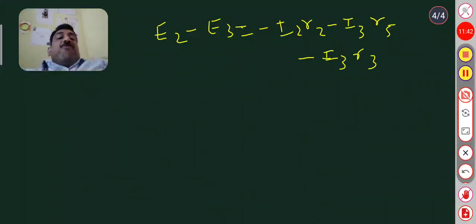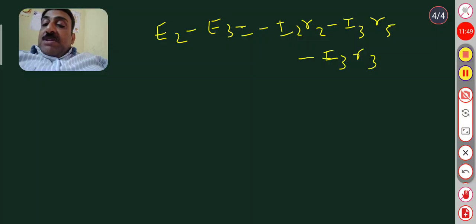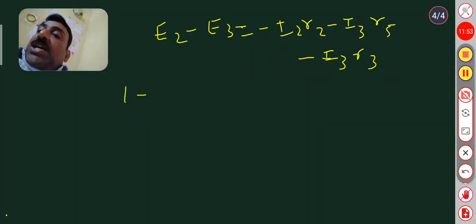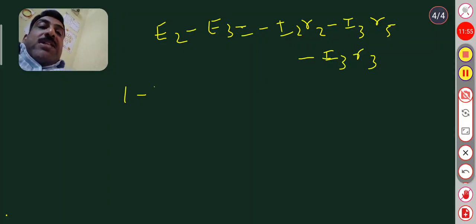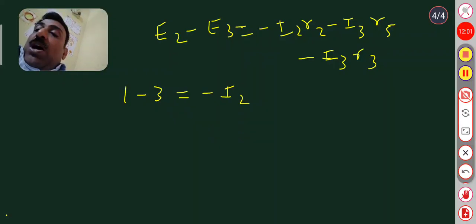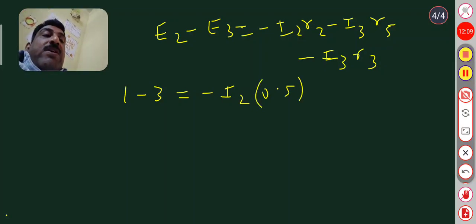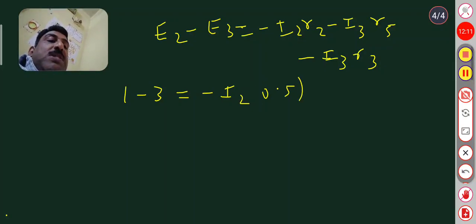So if I substitute the values, what is the value of E1? E1 is given as 1 volt, isn't it? So 1 minus E3. What is the value of E3? That is 3. So 1 minus 3 is equal to minus I2 into R2. What is R2? R2 is 0.5, which you can write as 1 by 2.